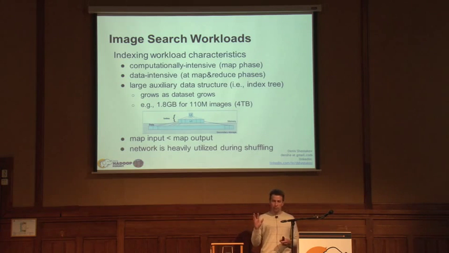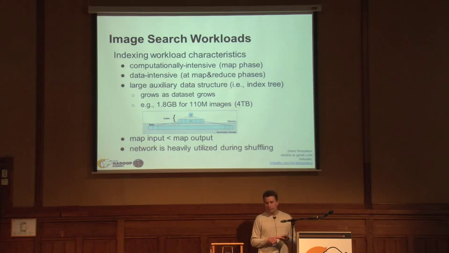There are essentially three interesting features within this workload. First of all, it's really computationally intensive. It's not just filtering your data, saying this record is okay, this record is not. No, for every record, there are lots of computations that the mapper needs to do.